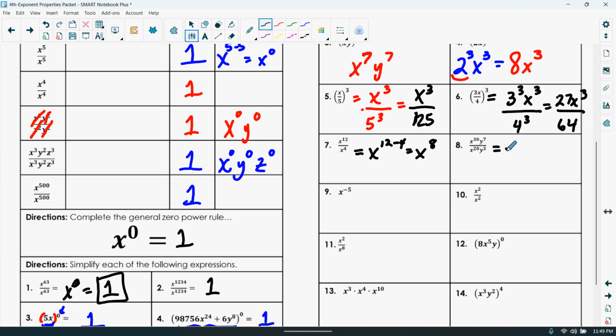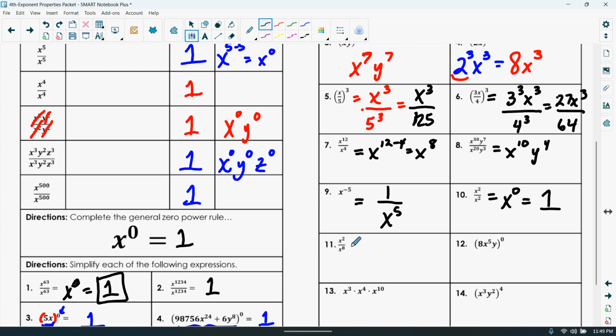So this actually would reduce to x to the 10th, y to the 4th. Now I have a negative exponent. I can't keep that. I have to take the reciprocal and make the exponent positive. This cancels to just 1, because basically it's the same. X to the 0 power, and then anything to the 0 power is 1.